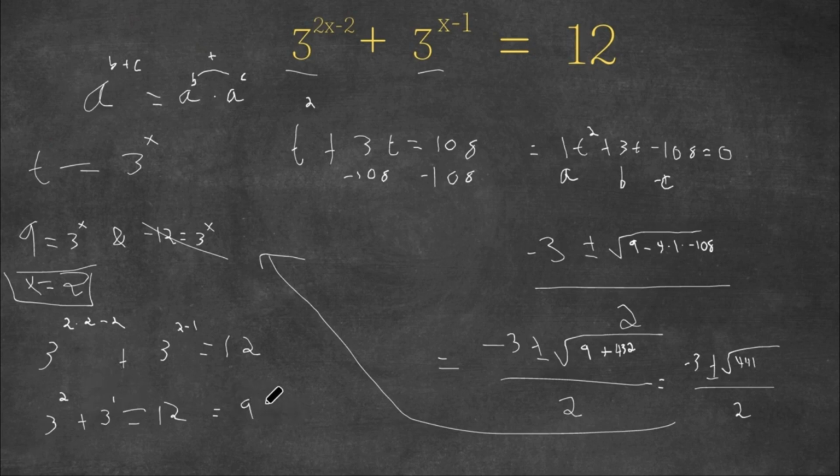So we have 9 plus 3 equals 12, and 12 does in fact equal 12. So because this is right, our solution of x equals 2 is right as well.